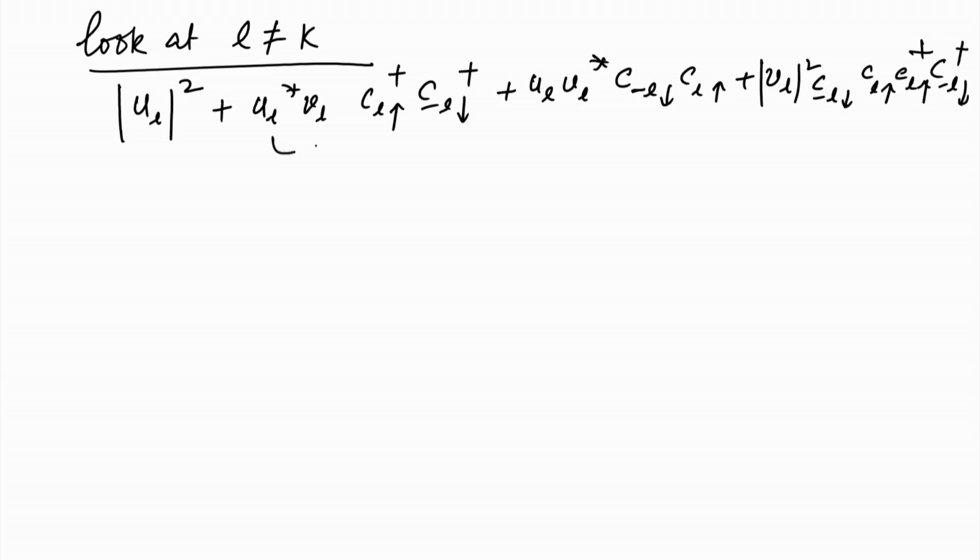You can see that this term gives you 0 because it will create a pair, and so will change the occupancy of pairs in the ground state. So, it will have 0 expectation value.